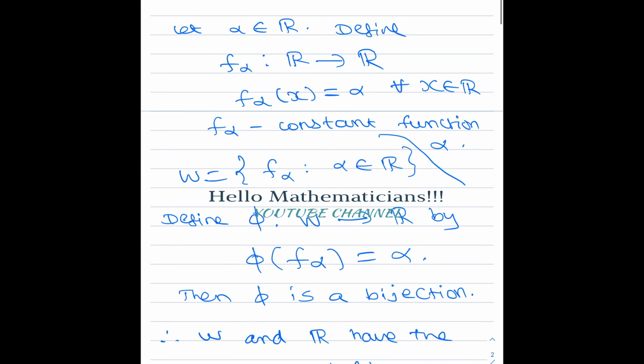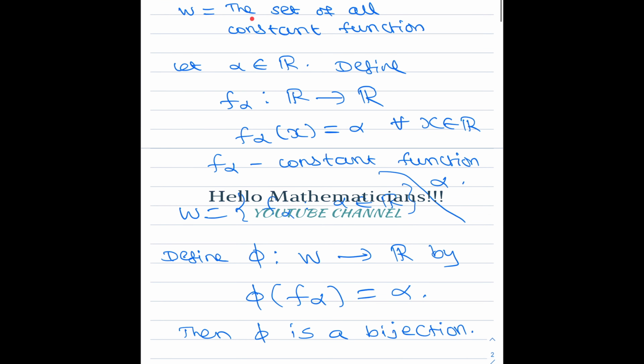Now W contains all the constant functions, so notationally we can write W as the set of all f alpha such that alpha belongs to R. For each real number there is a constant function that we denote by f alpha. Therefore W can be written like this.